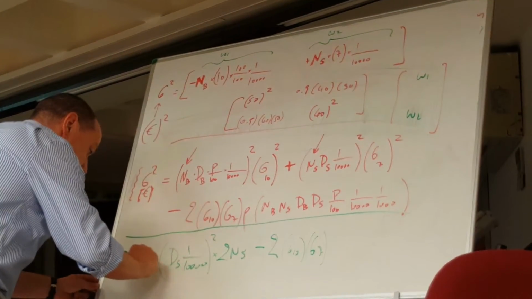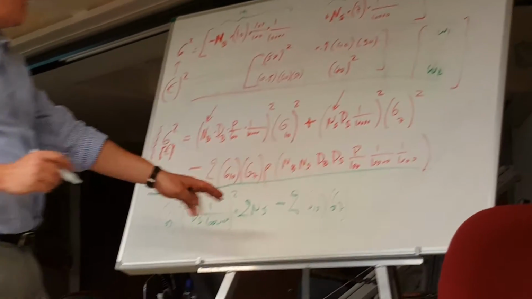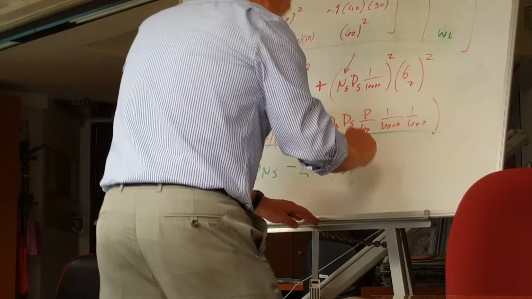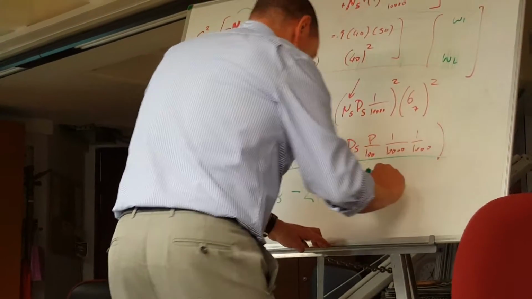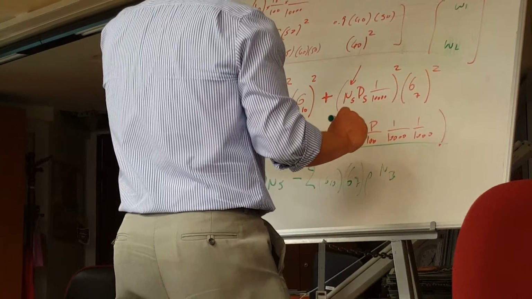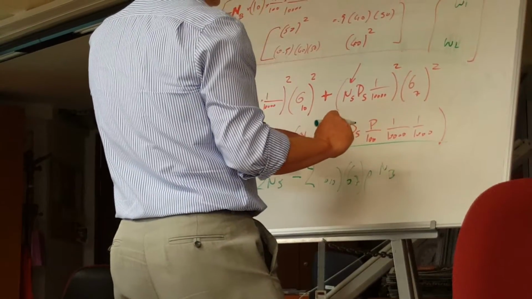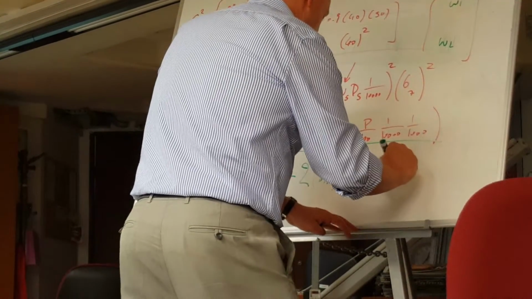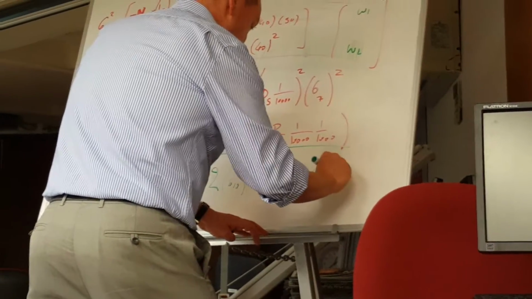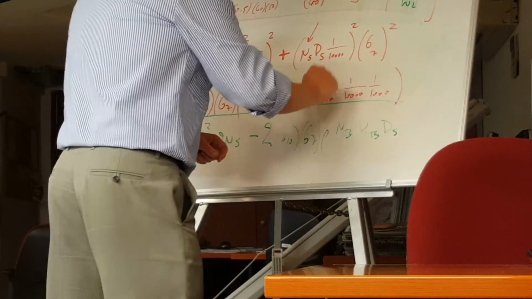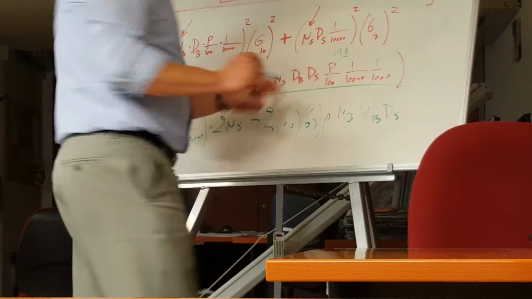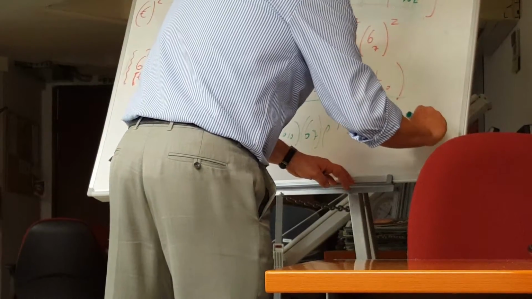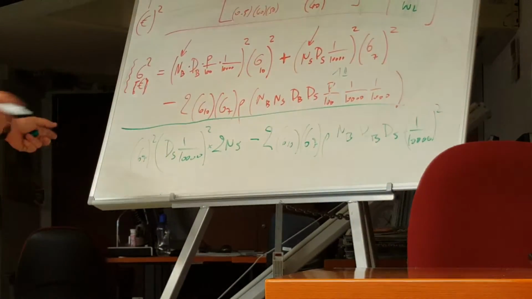Sorry, sigma 7 squared times this minus 2 sigma 10 sigma 7 rho AB. NS is not, okay, dB. Yes. I say, for argument's sake, that this is 1. Okay. Times 1 over 10,000 squared. Okay, this is my derivative.